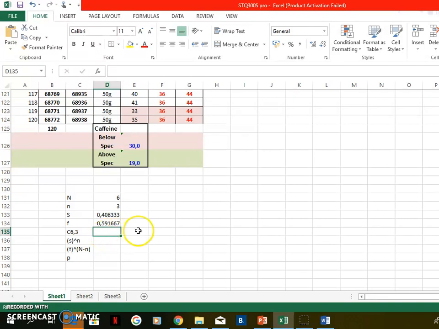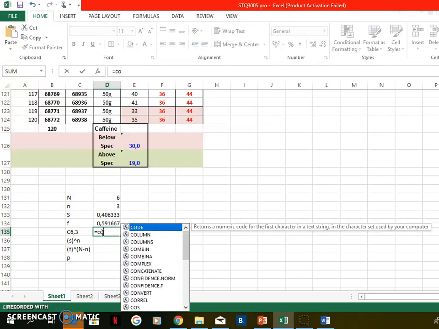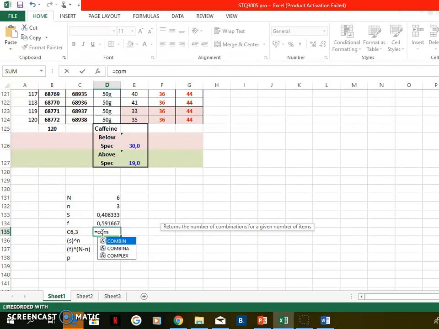Now C(6,3) is our combination, because the 6 is our number of trials and the n is the 3 results that are out of specification. The combination is calculated in Excel with the COMBIN function.